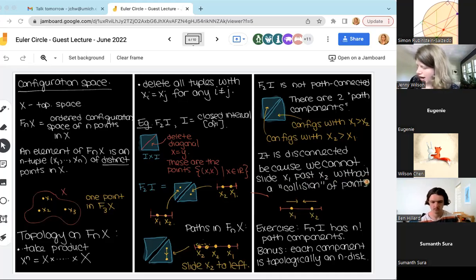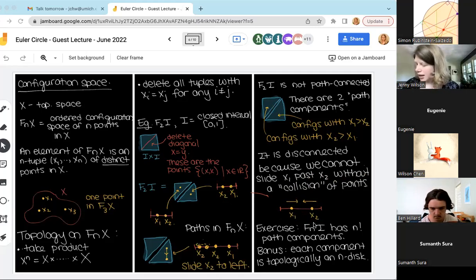So there's no way that I can slide these two points past each other without the two points overlapping at some point. But the point where they overlap, that's on this diagonal. That's not a point in my configuration space. And so there's no way I can move continuously through configuration space to get from a configuration where x1 is on the left to a configuration where x1 is on the right.